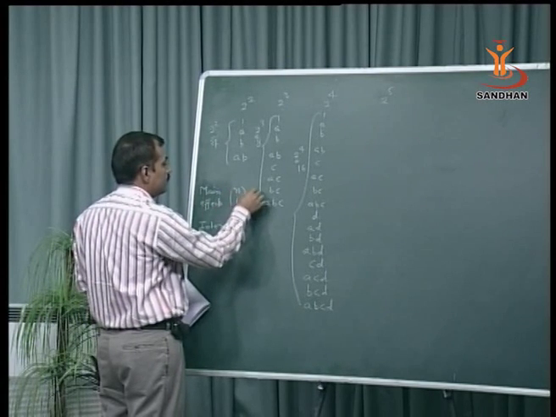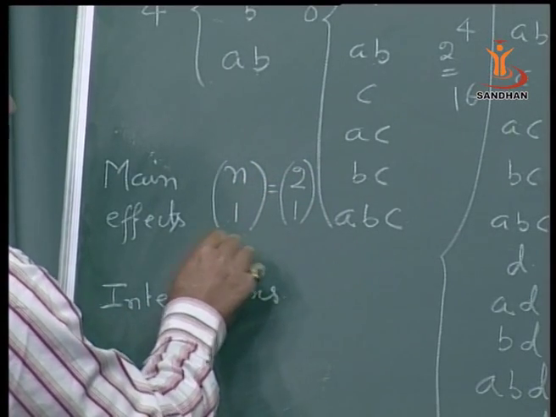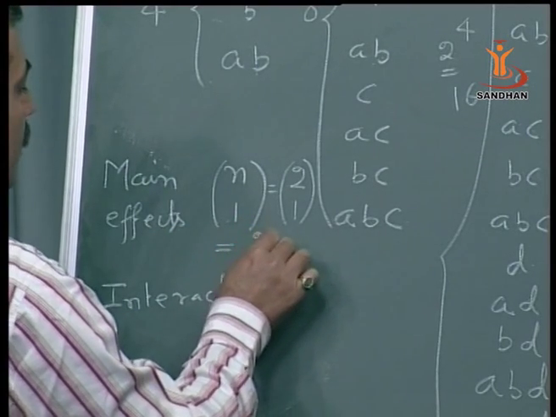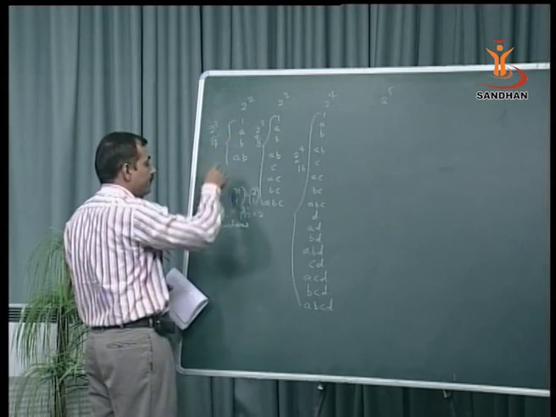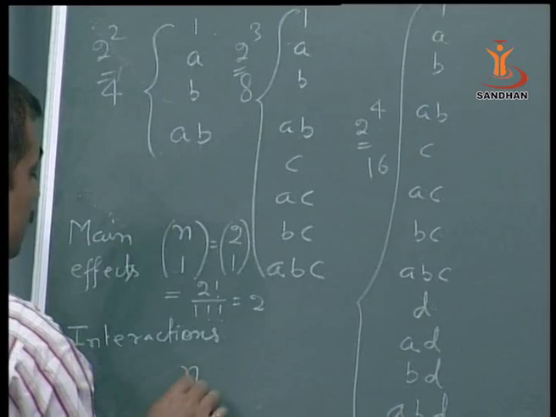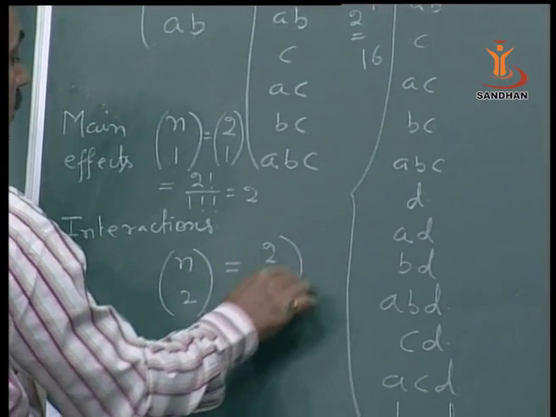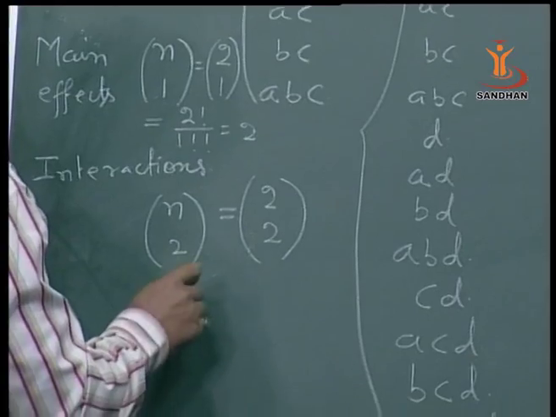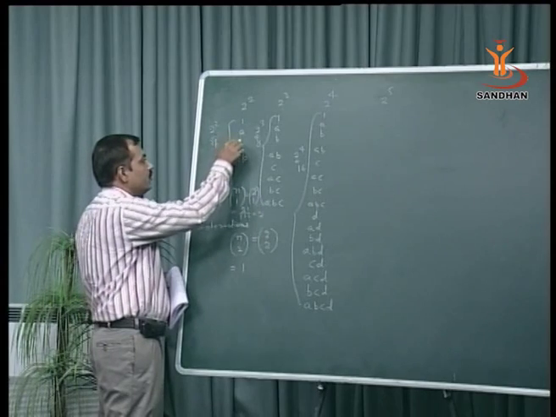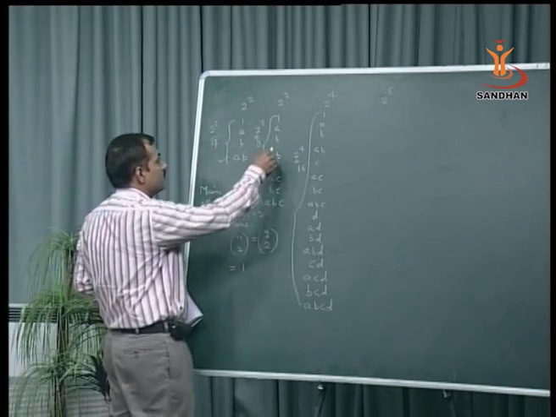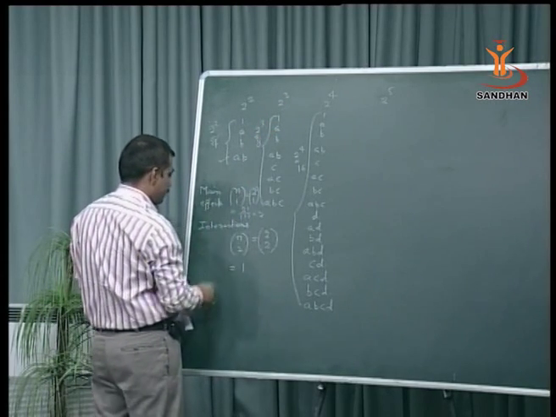Here N is 2, so it is 2C1, which simplifies to 2 factorial over 1 factorial, that is 2. So main effects are A and B. Interactions, that is NC2, 2C2, it is 1. So the second order interaction is 1, main effects are 2. Similarly here, if we consider 2 raised to power 3, how many main effects are there?